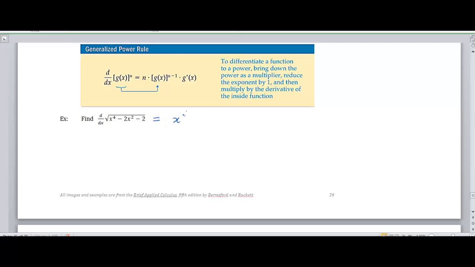So this is x to the 4th minus 2x squared minus 2 raised to this 1/2, right? That's square root. So again, the 1/2 is going to come out front. I do minus 1. So that's going to be 1/2.